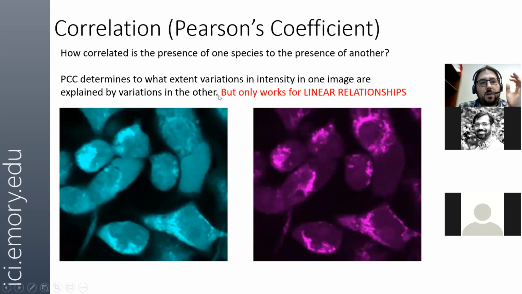Now, let's move on to Pearson's coefficient, and that basically determines to what extent variations in intensity from one image can be described as a function of variations of the intensity in another image. This coefficient, though, works for linear relationships, and we'll get into a few examples later on where that linear relationship is clear, what it means.